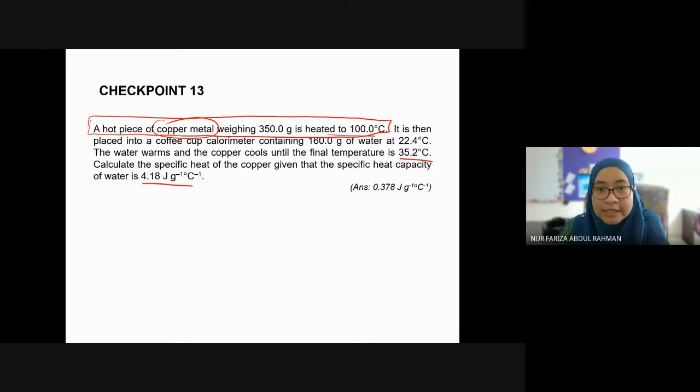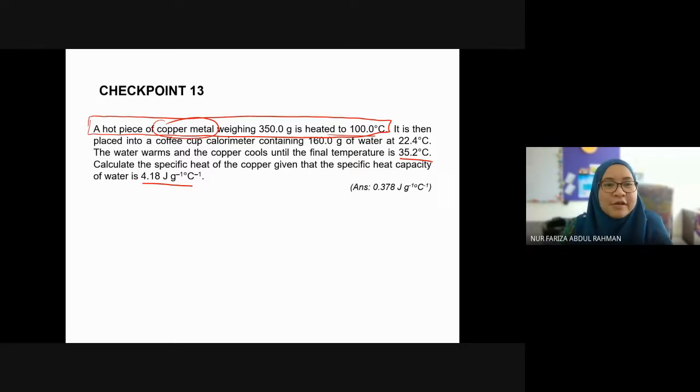So copper in this case undergoes an endothermic process. Sebab apa? Dia absorb the heat. Kita panaskan kan? Bila kita panaskan something, yang kita panaskan tu, in this case the copper metal will be absorbing the heat. So bila dia absorb the heat, the copper metal is having an endothermic process.